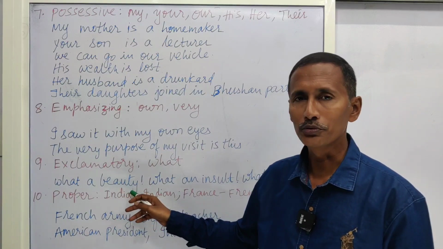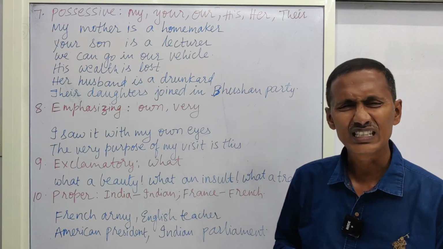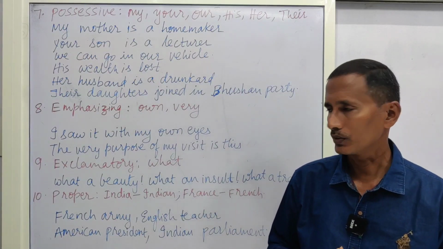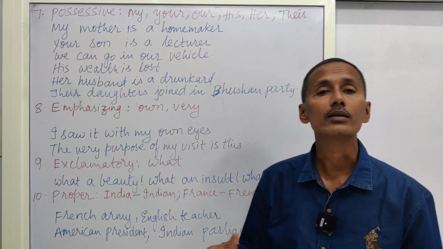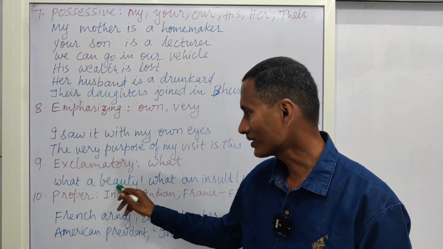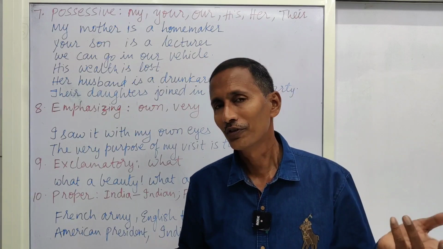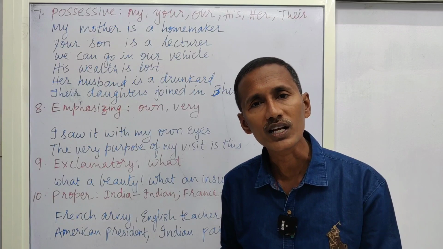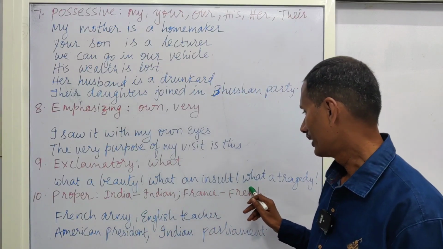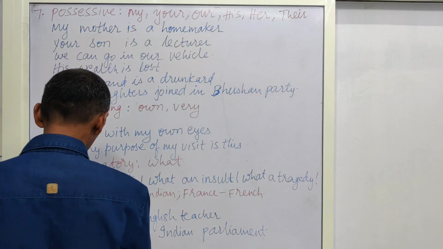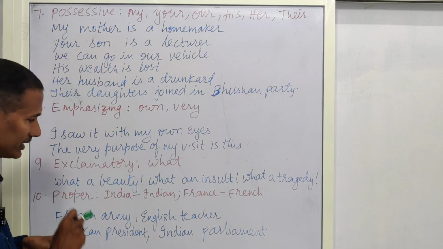You can say "What a beauty!" or "What an insult I have faced today!" In the same manner, "What a tragedy." You shouldn't say it with the same intonation as "What a beauty." You can't say "what a tragedy" with that intonation. So this is called an exclamatory adjective. In this sentence, this "what" plays the role of an exclamatory adjective.